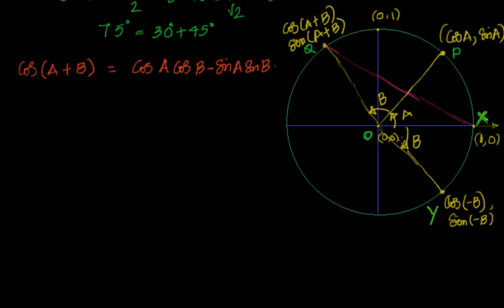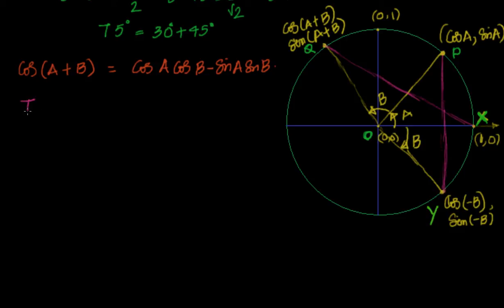Even though we are going in the negative direction, magnitude wise, the angle is nothing but equal to A plus B. And also here you have the radius as 1, 1. That means you have two similar triangles. Now you can see. Now let me write it down.